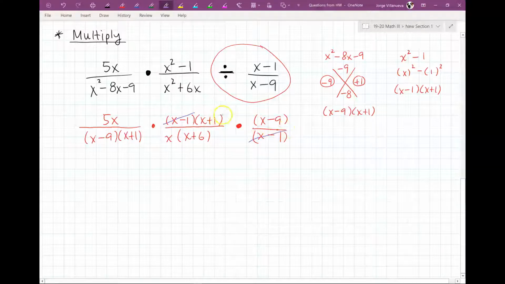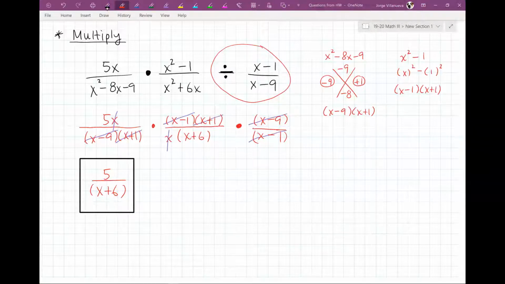I can cancel this x plus 1 with this x plus 1. I can cancel the x minus 9 with this x minus 9. I can also cancel this x with that x. So the only thing that's left over is 5 divided by x plus 6. So that should be your answer to that problem.